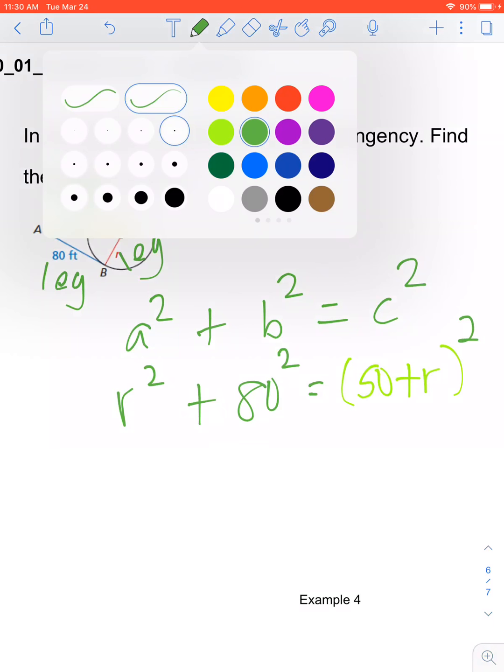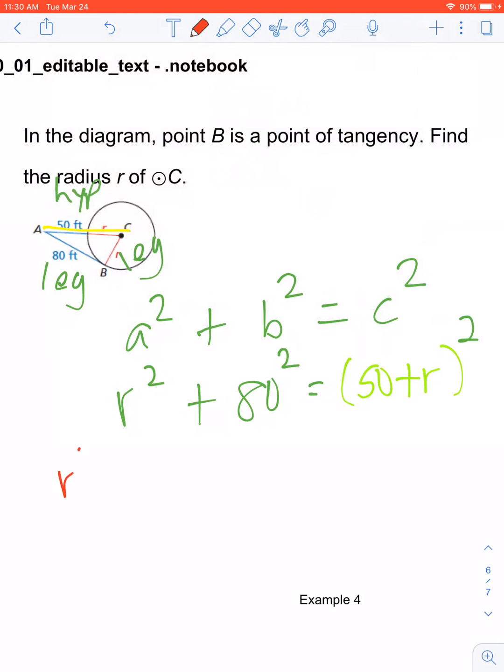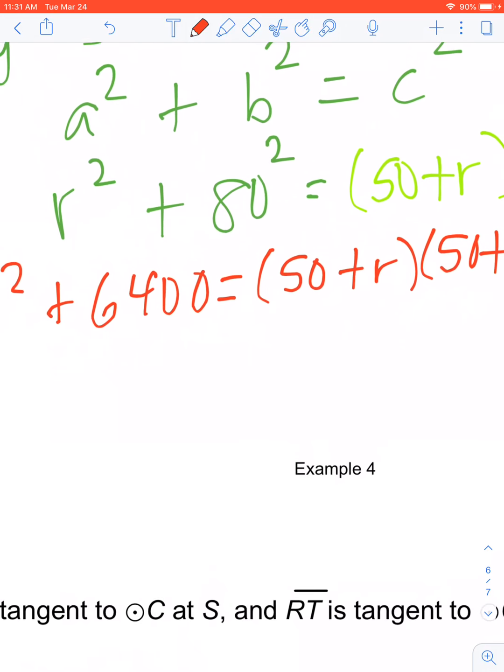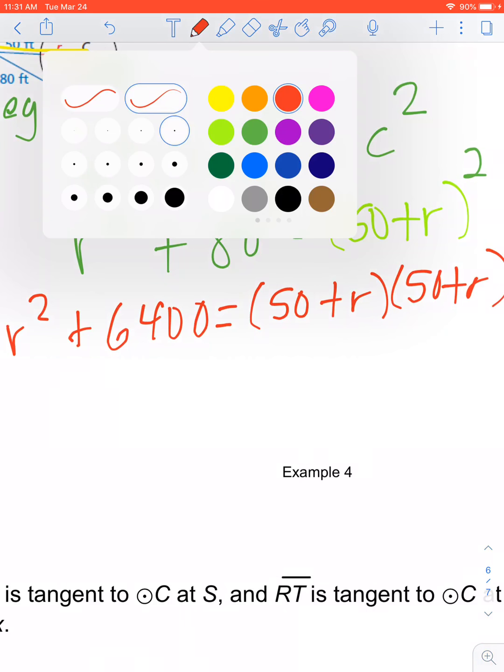So what does this mean when we solve it algebraically? Well, I have R squared, and then 8 squared is 64 with two zeros. And this means I have (50 + R) times (50 + R). I can't just square the 50 and the R. I'm going to have to FOIL. Now, this looks like it's going to be awful, but have some faith. Stuff cancels out.